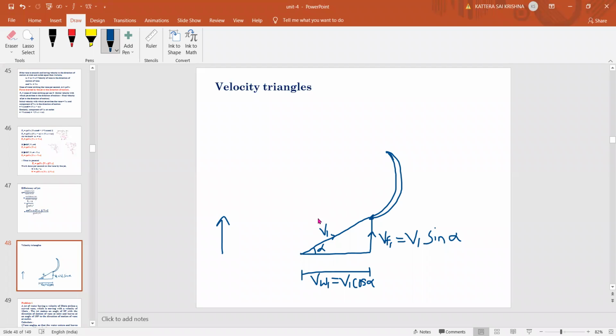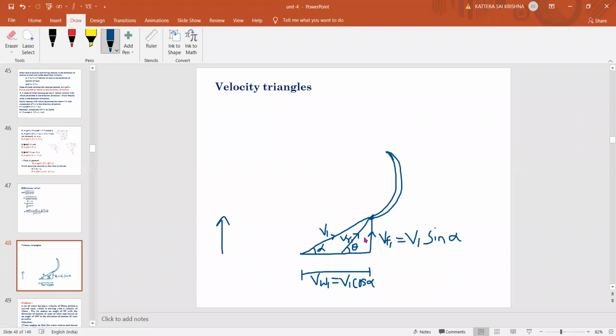So first we have seen only v1 and its components in the x direction and y direction as vw1 and vf1, right? This is the inlet velocity with which the jet is coming out. But actually, the velocity with which the jet hits is vr1, the relative velocity at inlet. vr1 makes an angle theta with the horizontal.